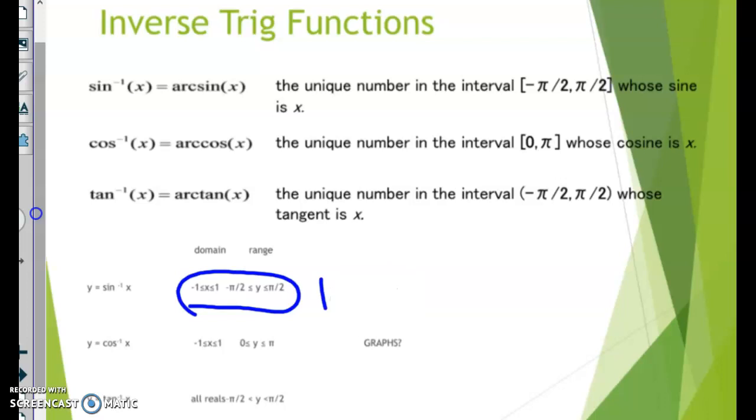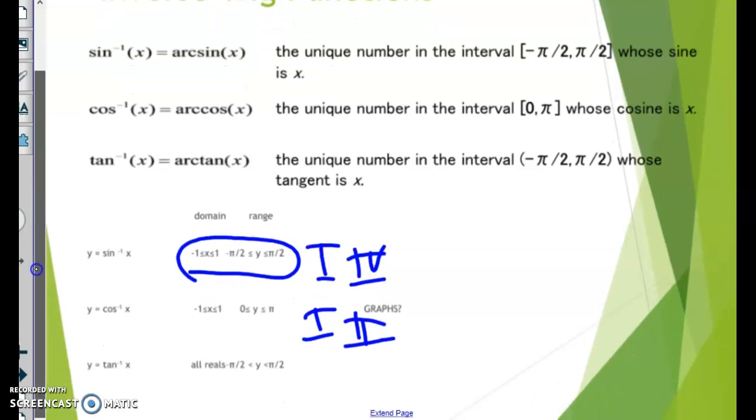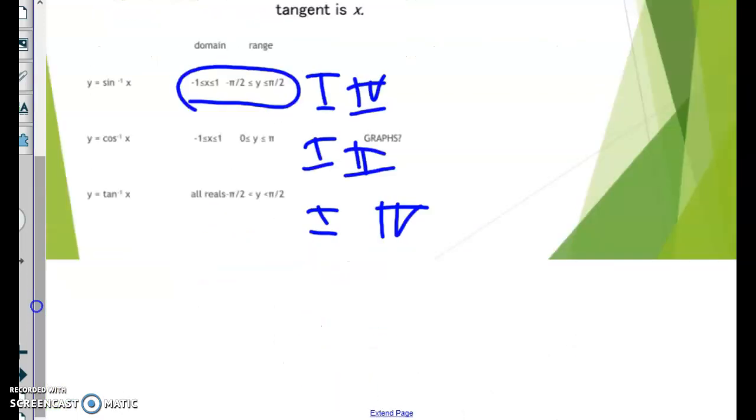Good grief, Mr. Otto, don't you know your Roman numerals? So first and fourth, this is cosine, first and second, and the tangent is first and fourth. But there is a little bit of difference here. Notice that there's no equals to, and that's because at pi over 2 and negative pi over 2 we have asymptotes, so they're undefined at those edge places.